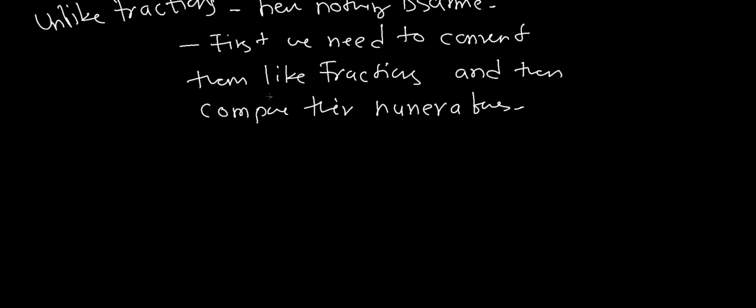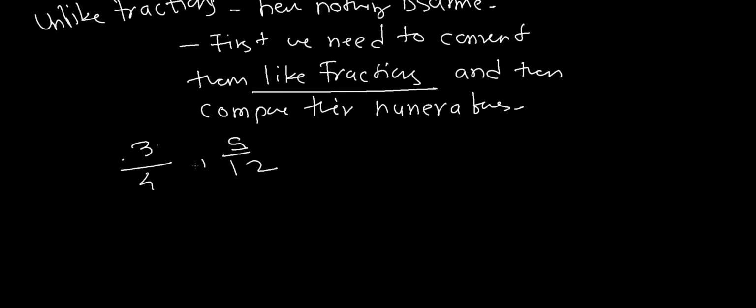Converting to like fractions means we have to convert the unlike fractions' denominators into the same value. Let's say we have 3 by 4 and 5 by 2. These are unlike fractions. We have to compare these fractions, but to compare, we need some equal quantity.